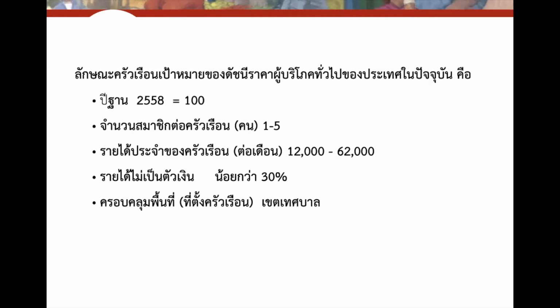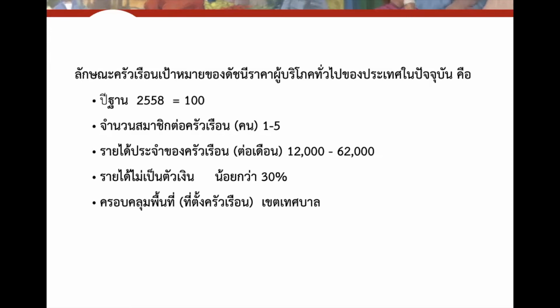Thai people tend to have smaller families. But the income of the household increased from the previous one, like 6,000 to 43,000. It increased to 12,000 to 62,000 baht per month per household.